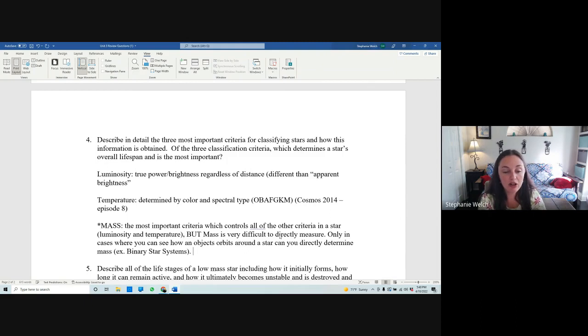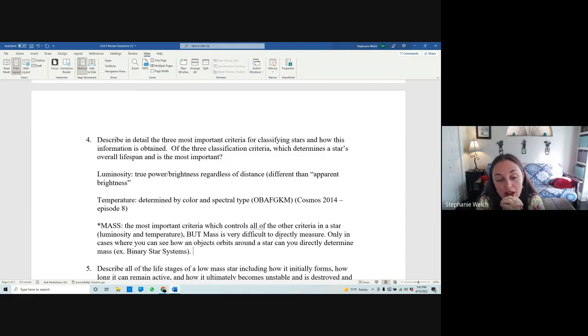In a binary star system, you can see how two stars are orbiting around a common center of mass and their relationship to each other, the distance between them, how long it takes them to orbit around each other and complete that dance, tells us about the mass of either object. And so we can then use that as a direct way to measure mass and not a roundabout way to measure mass, like measuring it through luminosity or temperature.